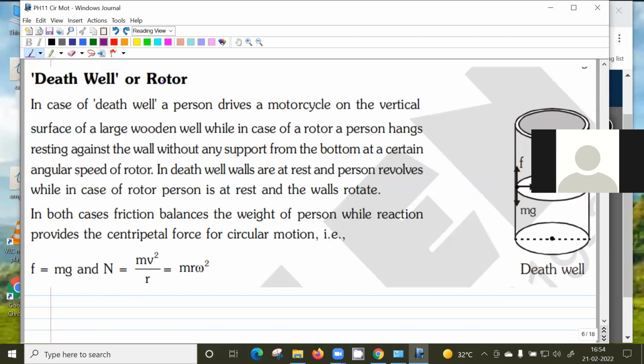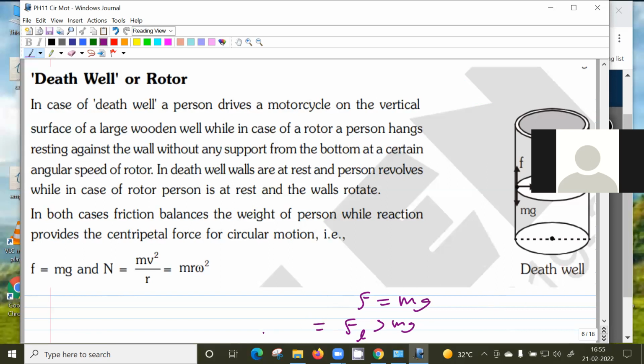You just have to see that this friction force is a variable force. So we can say mg should be less than F limiting. If it is more than F limiting, it will fall down, right?